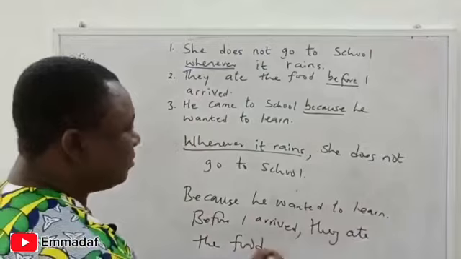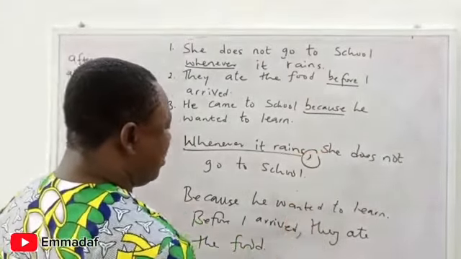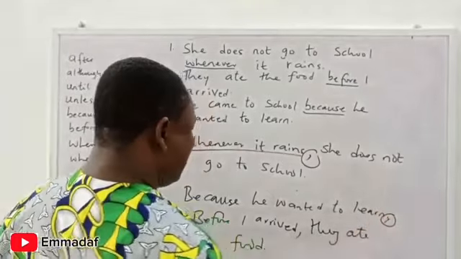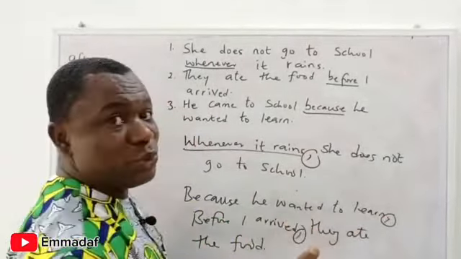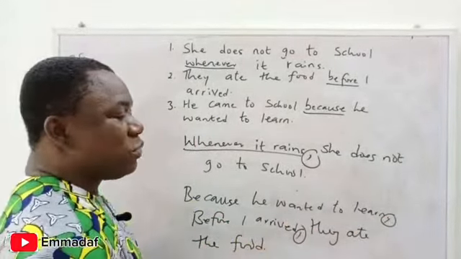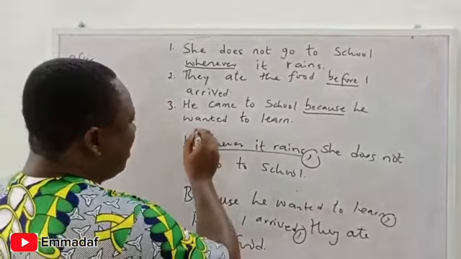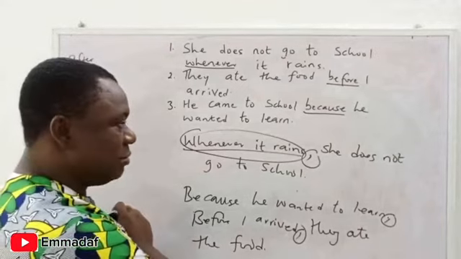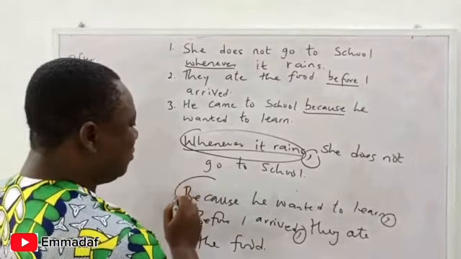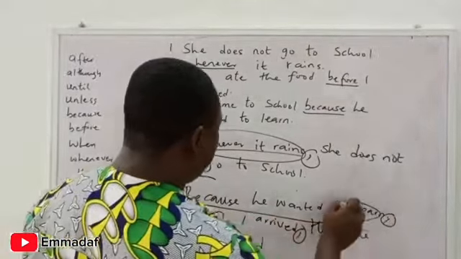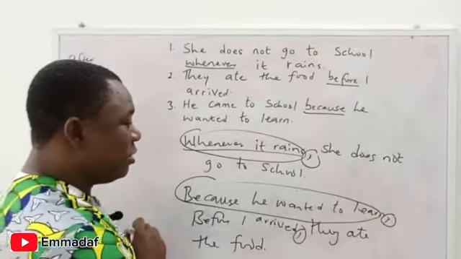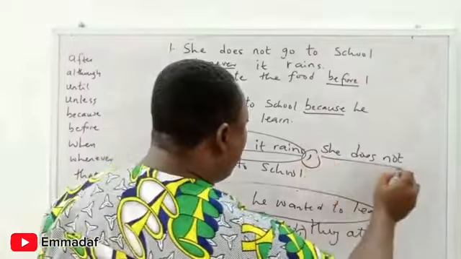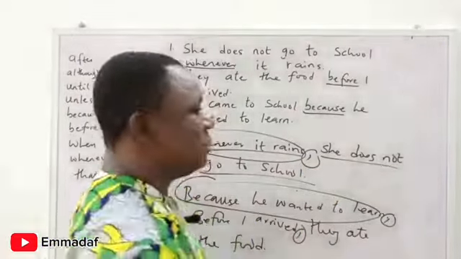The comma is used to do what? To separate an adverbial dependent or subordinate clause that precedes, that comes before the main clause.